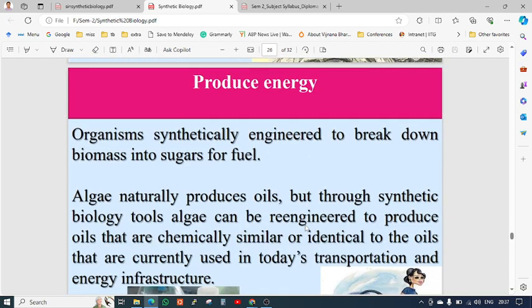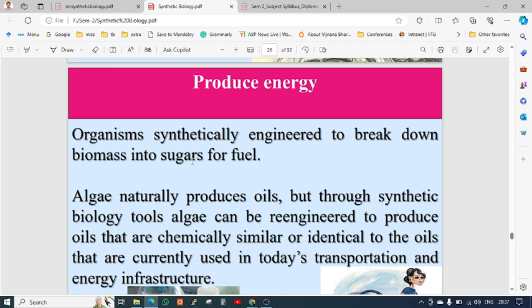Then produce energy. This is important for gaining energy. We also study synthetic biology because it meets the energy demand of the population. So some organisms which are synthetically produced can be utilized for the production of energy. Organisms which are genetically engineered break down biomass into sugar and into fuel.